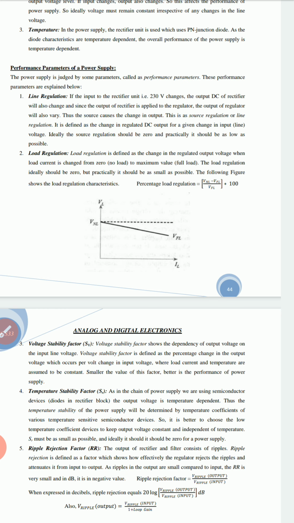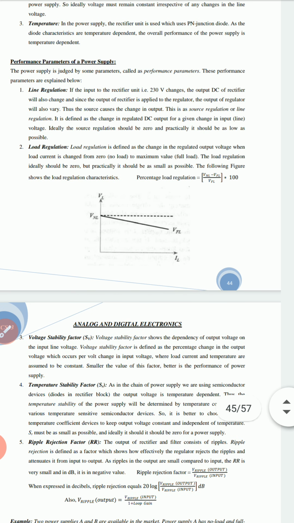The regulated output will change only when the load current varies from 0 to full load. Ideally the load regulation should be 0, but practically it should be a small value. It is not 0 practically, but ideally it should be 0.